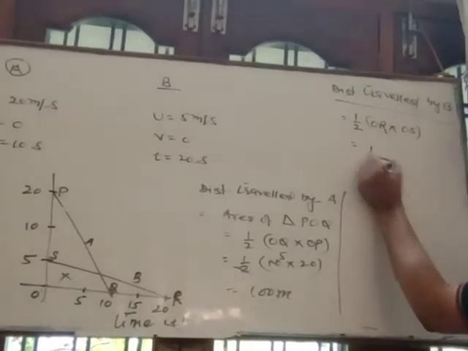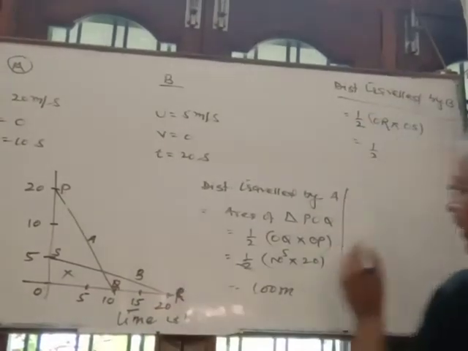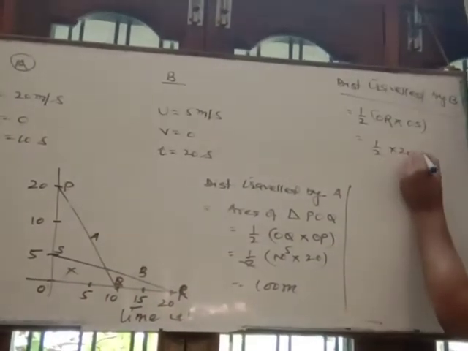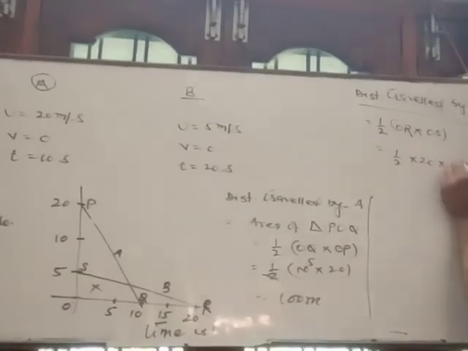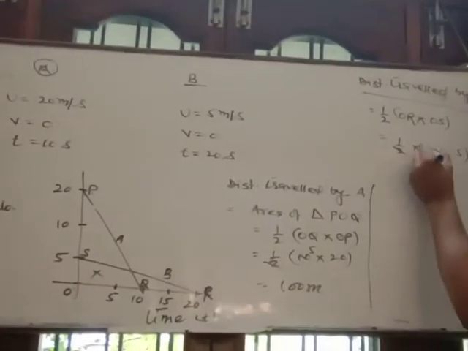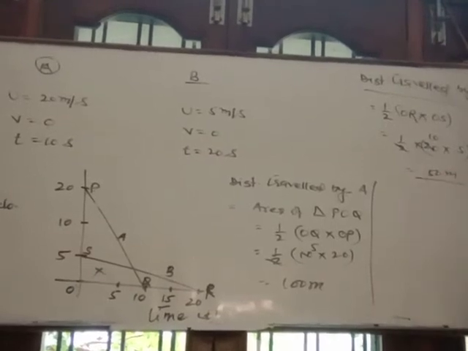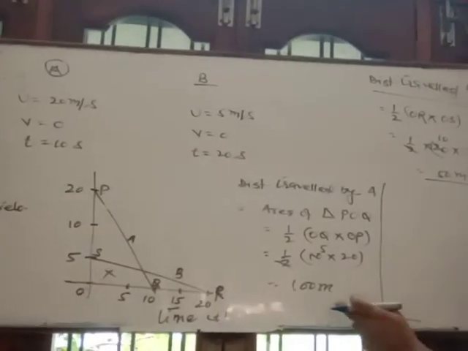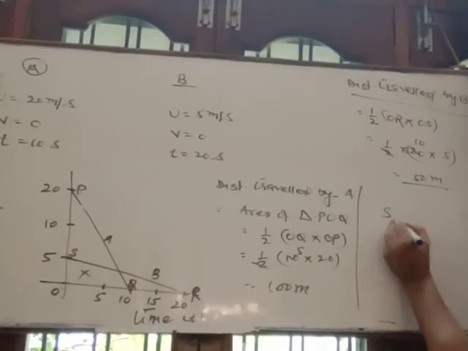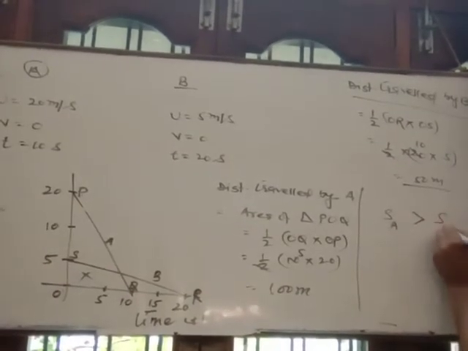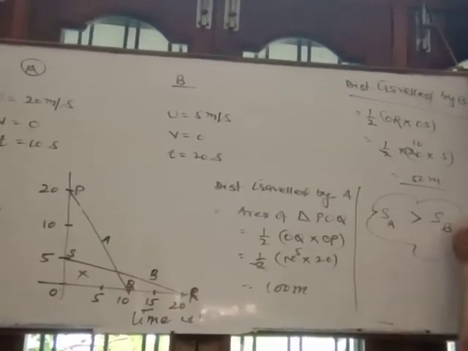It is equal to 1 by 2, OR is 20 and OS is 5. 2 tens are 10, that is 50 meter. It means distance traveled by A is greater than distance traveled by B.